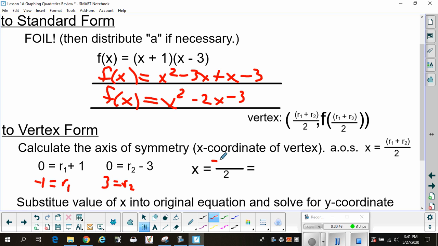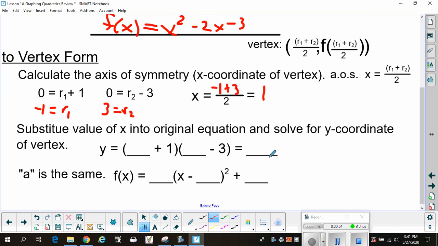So I've got -1 plus 3 is 2, divided by 2, that's 1. So now I have the 1 here. Now I'm going to put the 1 in here, and I've got 2 times -2 is -4. So -4 is the y value of the vertex.